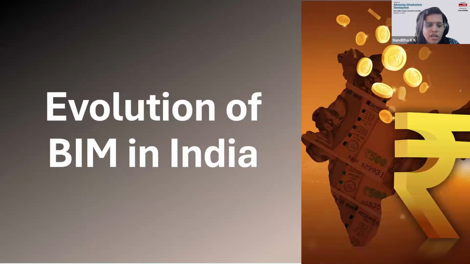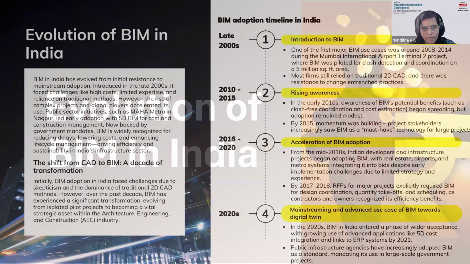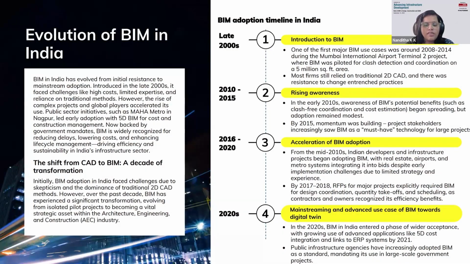So, speaking of all of these capabilities and what we can offer, where are we in the evolution of BIM with respect to India? In the 2000s, we have seen a positive change in our sector. Adopting BIM around 2008 to 2014, we saw Mumbai International Airport projects taking up BIM as a major initiative. They shifted focus from a 2D environment to a BIM focused environment.